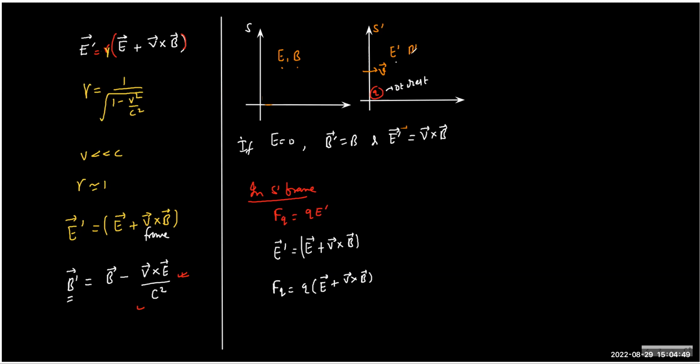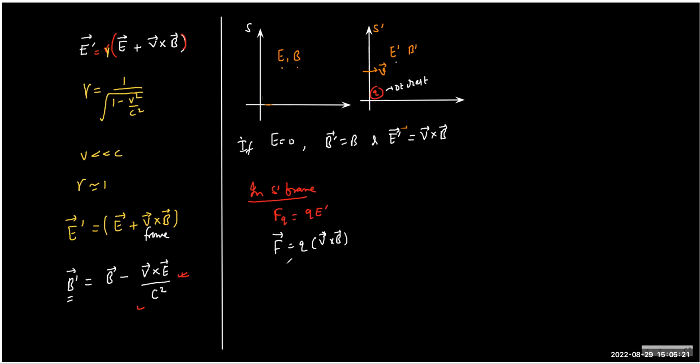Can we say there is no magnetic force? Yes, sir. Magnetic force is due to a moving charge, but a charge at rest only experiences electrostatic force. Now you can understand why the answer is what it is. The force on Q equals Q into E dash, but E dash is V cross B.